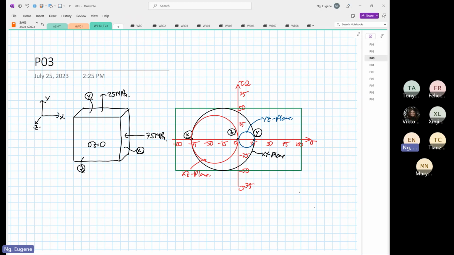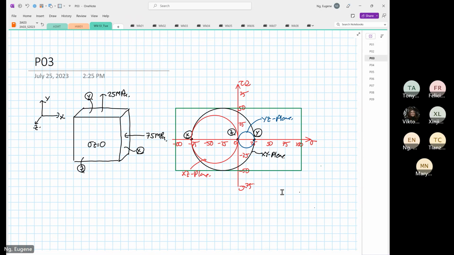Okay, so you realize that when all three circles are inside the box, we know that the structure will not fail. It has to be all three circles.